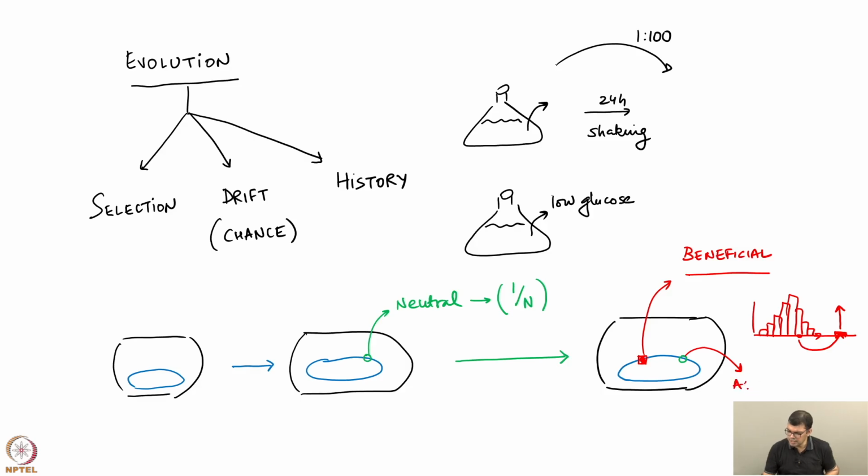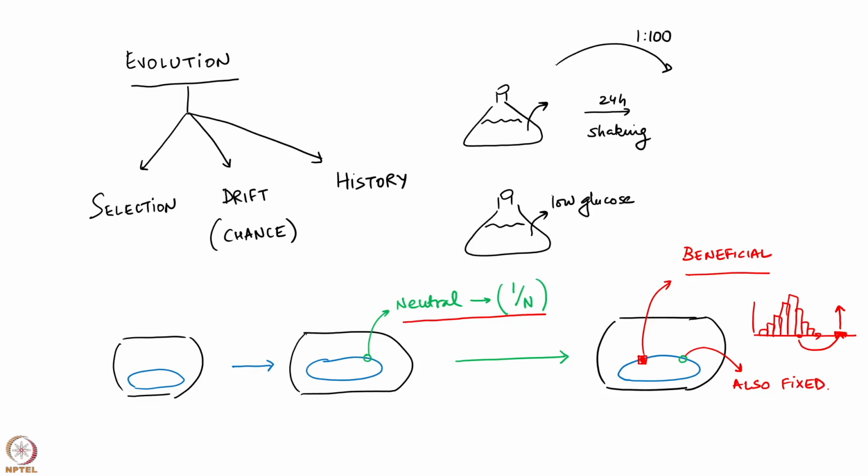And this is one mechanism via which neutral mutations can easily fix in a population. Neutral mutation fixing itself is going to be a very fortuitous event, but via this mechanism it can fix.